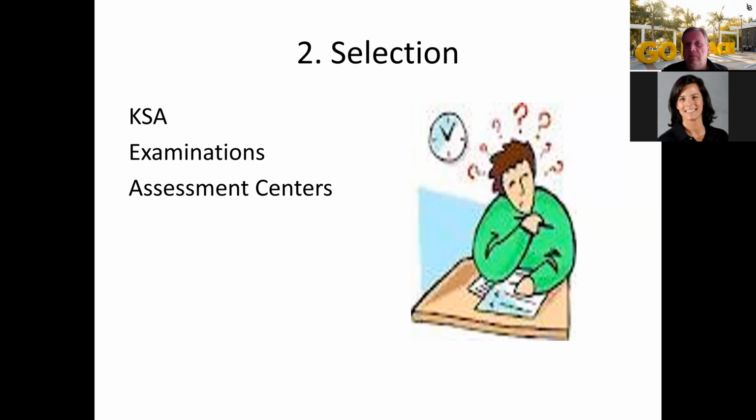Now, the way in which we've done selection really has changed, especially at the federal level, over the past few decades. Back in the 1960s and the 1970s, selection was very much centralized, and especially after the passage of the Civil Service Reform Act in 1978, you have the Office of Personnel Management, the OPM, that was responsible for administering the examinations that you would use to select your interviewees.